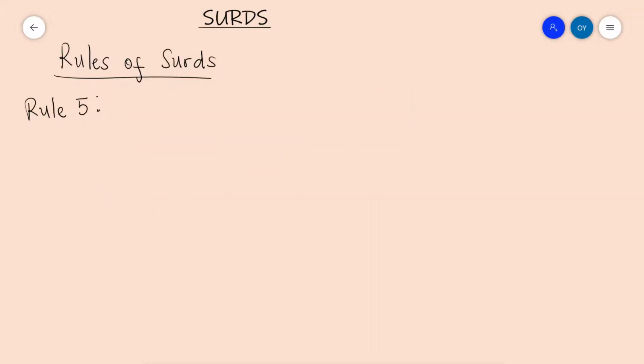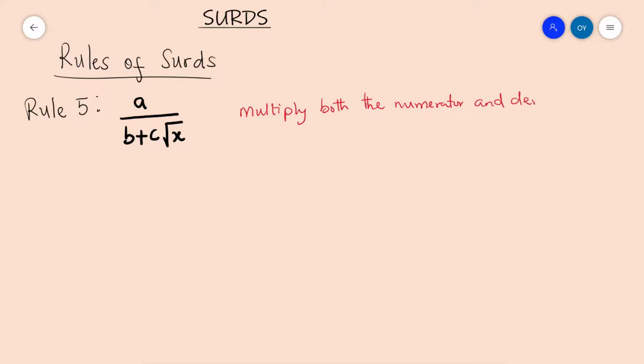Rule number 5, we have a over b plus c root x. Here you multiply both the numerator and denominator by b minus c root x.